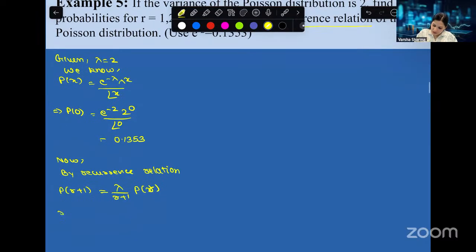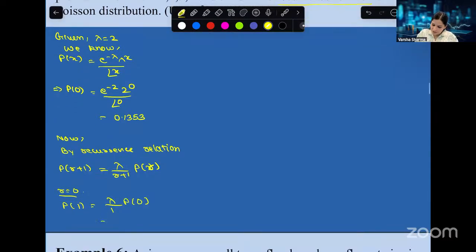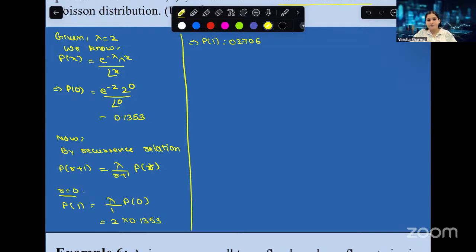First we'll put r equal to 0. P of 0 plus 1, that is P of 1, equals lambda by 0 plus 1 into P of 0. Lambda is 2, P of 0 is 0.1353. This implies P of 1 will be 0.2706.